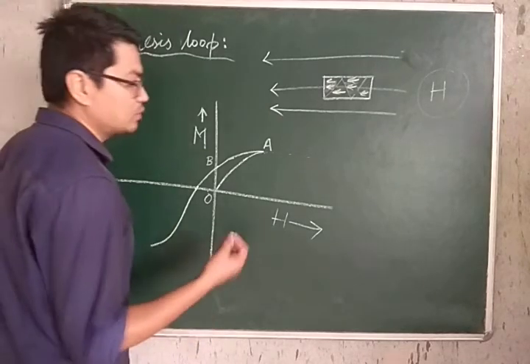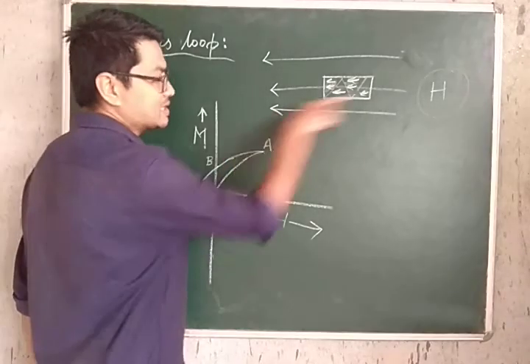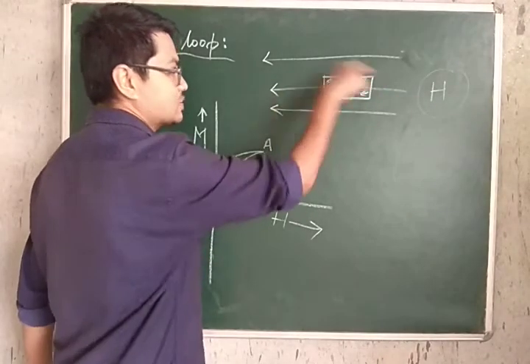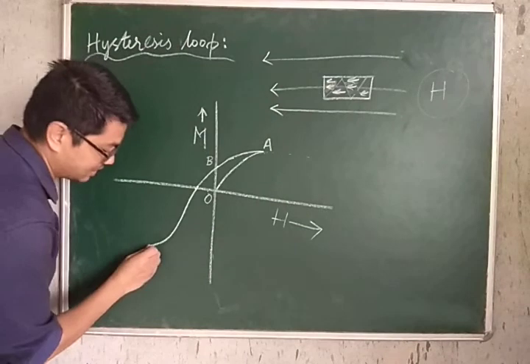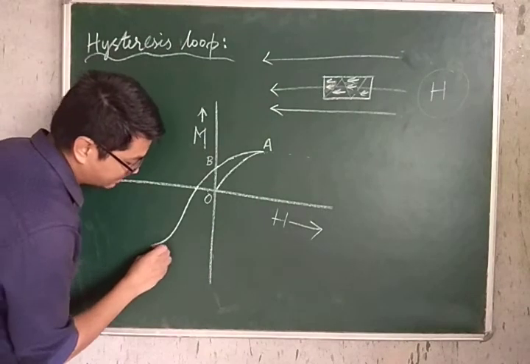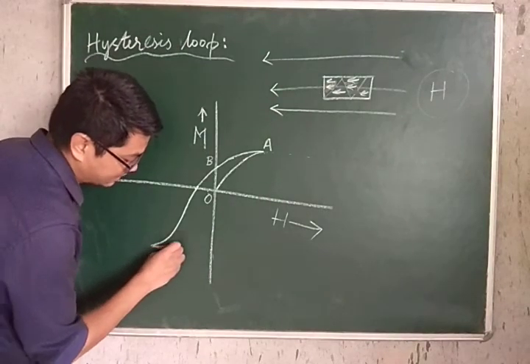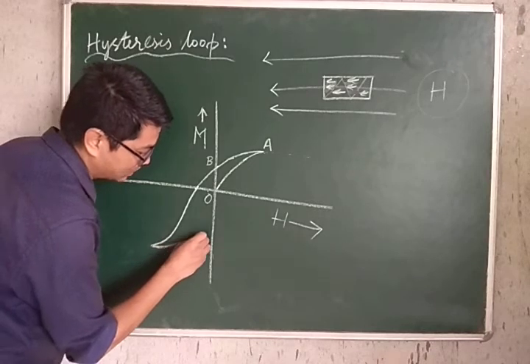Then after, again what you do is, you start decreasing the value of H. You slowly, gradually go on decreasing the value of capital H. You will see the value of capital M also goes on decreasing.